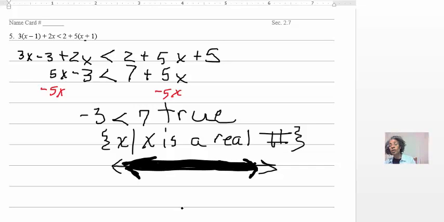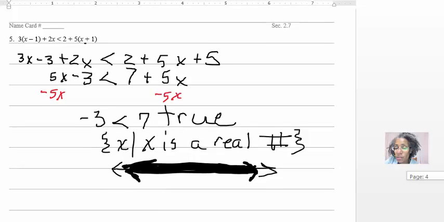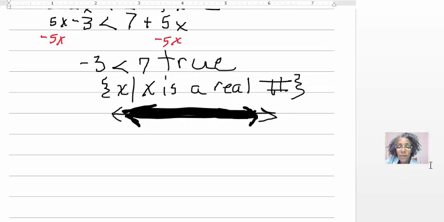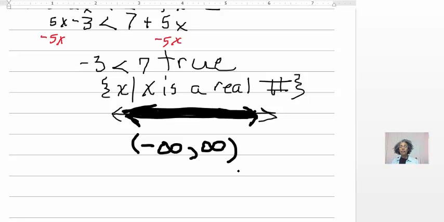So we can move anywhere we want on the number line, and we're at an x that's in the domain of this function. And then as an interval, we write the interval from negative infinity to infinity. And so that's how we would solve that one.